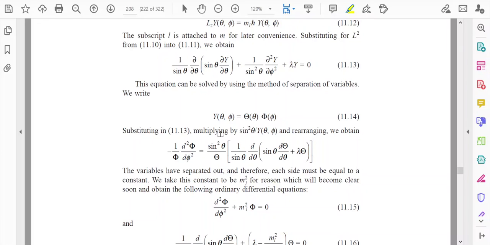For that purpose we have to differentiate Y with respect to theta, because here there is del Y by del theta, and we have to differentiate two times with respect to phi, because here is del square Y by del phi square.